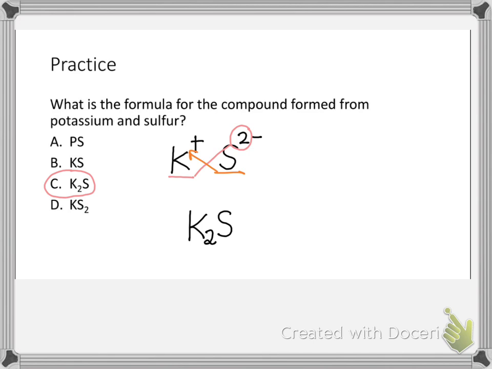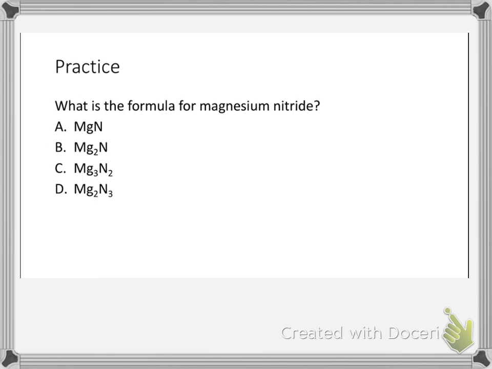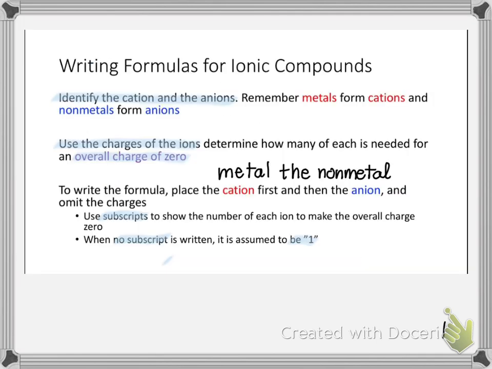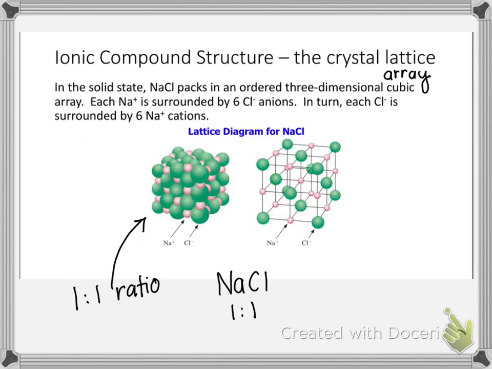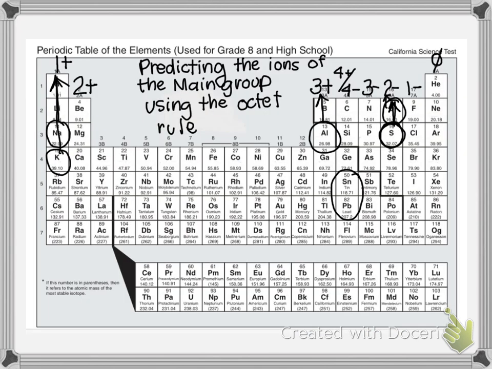Let's try another one. What is the formula for magnesium nitride? So again, pause and give yourself a try. Okay, so magnesium is right here. It's a 2 plus. Nitride is right there. It's a 3 minus.